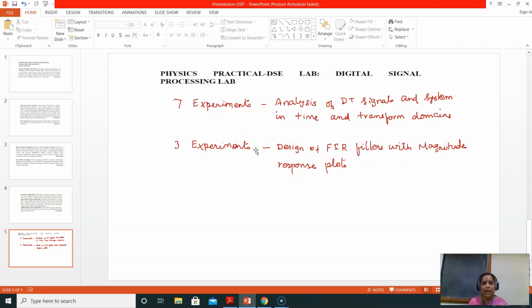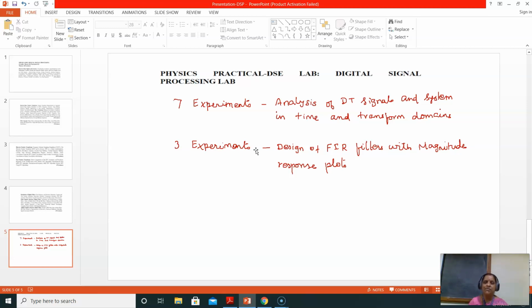Then the practical lab, the lab session. This is based on Scilab. Scilab is a tool for realizing all these experiments. So these are simulation experiments. We have 10 experiments in this practical session. Out of these, 7 experiments deal with analysis of discrete time signals and systems in the time and transform domains.